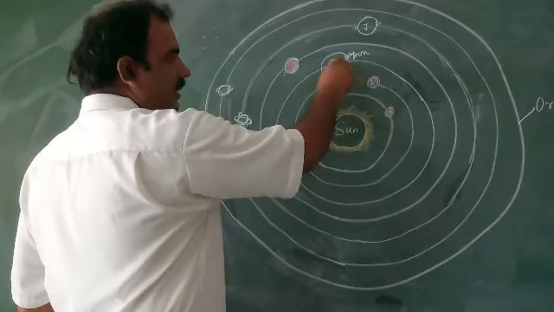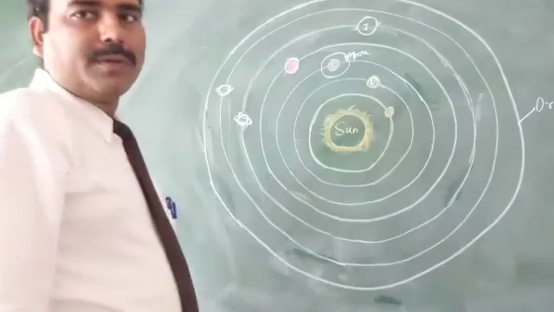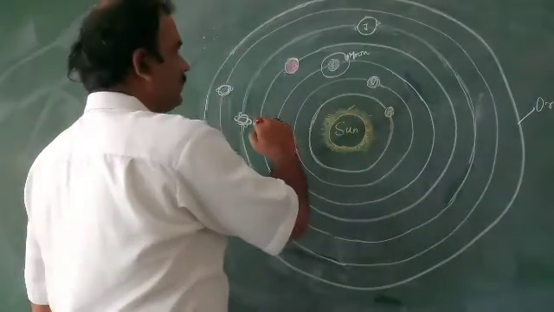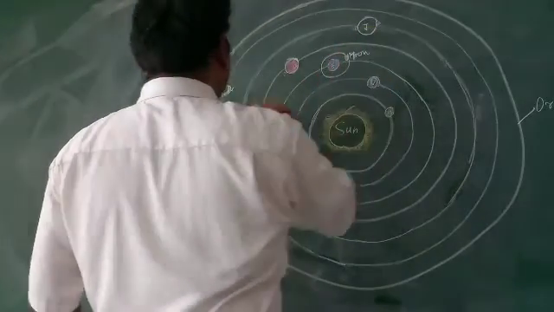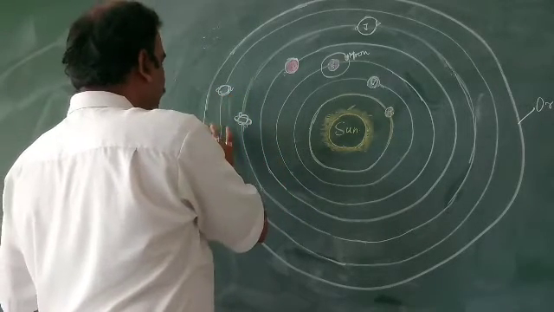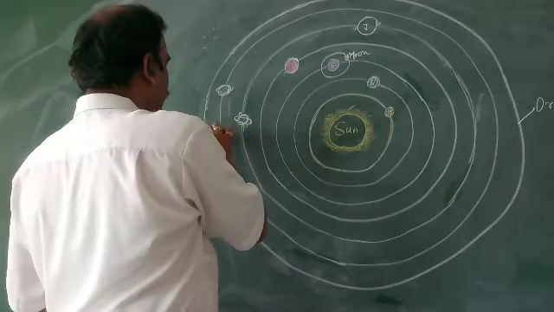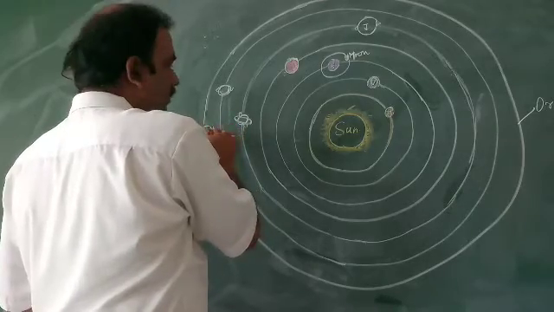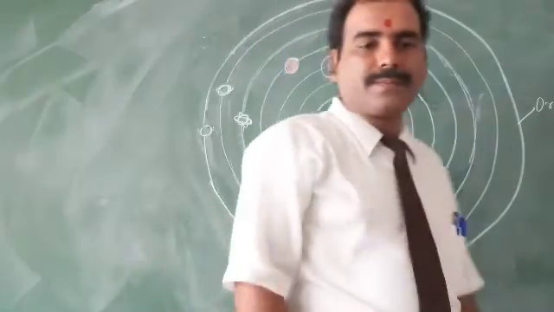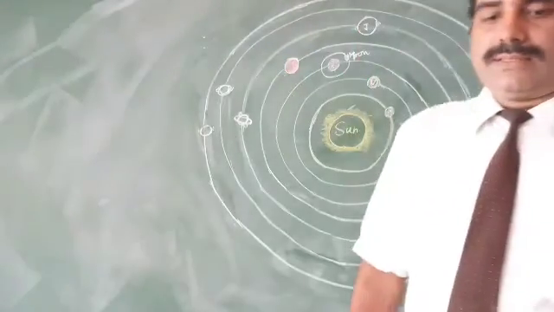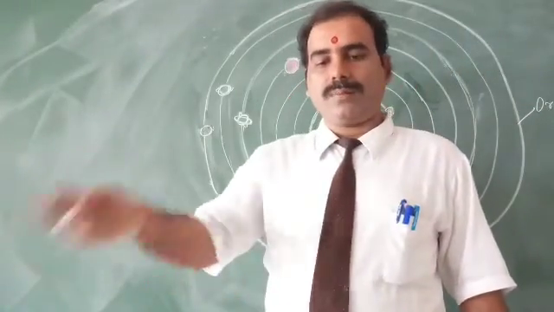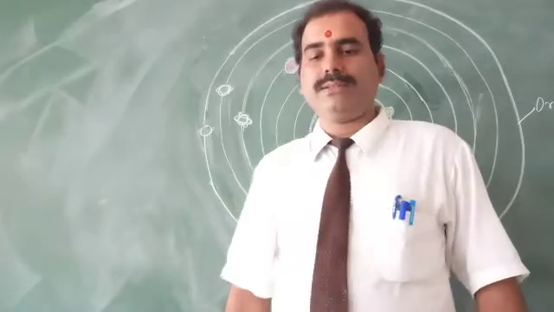These planets are known as the inner planets because they are very close to the sun, whereas Jupiter, Saturn, Uranus and Neptune are called the outer planets because they are at a far distance from the sun. Okay students? So the sun has 8 planets that orbit around it or move around it.